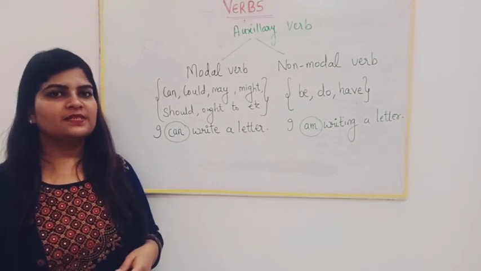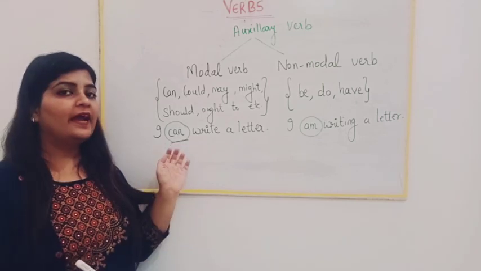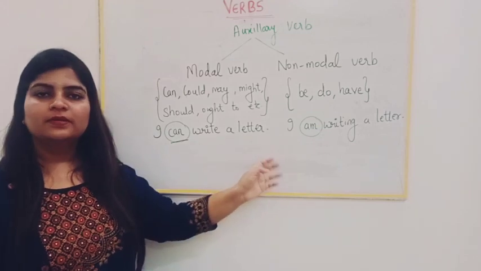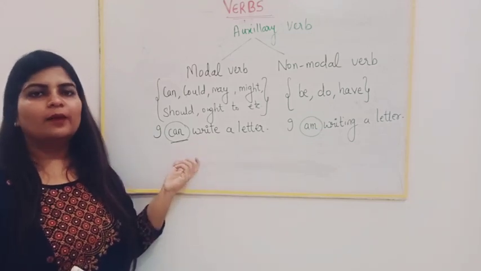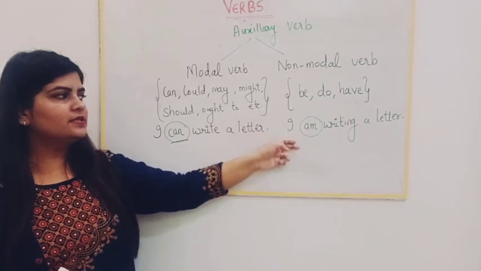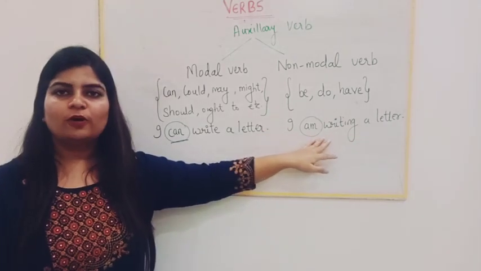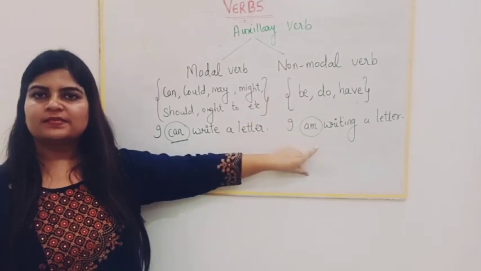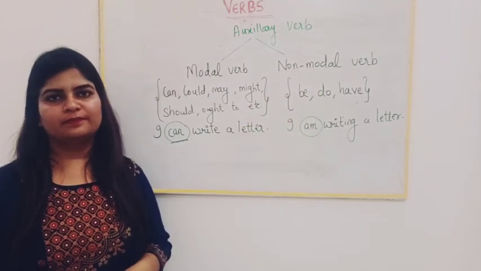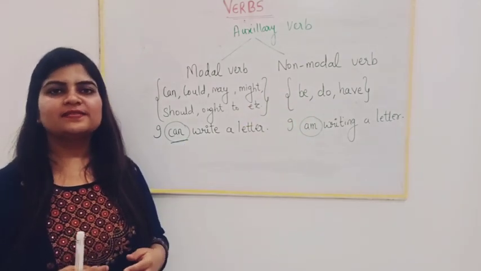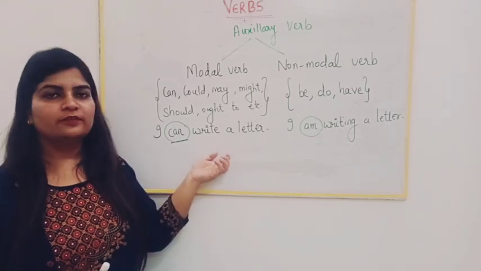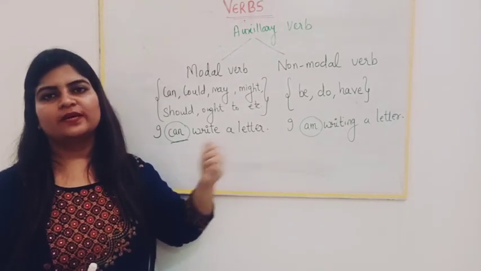Let's take the previous examples once again. I can write a letter. Now this can is a modal verb. And in I am writing a letter, this am is the form of be, so this is a non-modal verb. Sometimes you can make a sentence using modal verb and non-modal verb together.